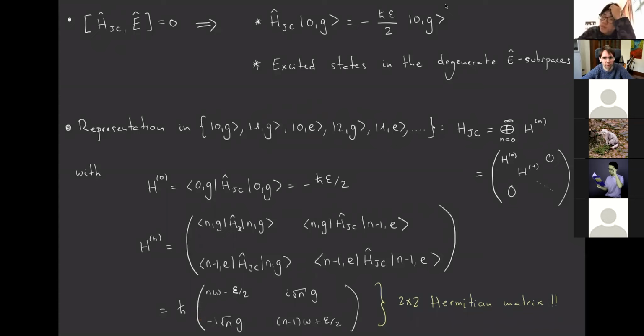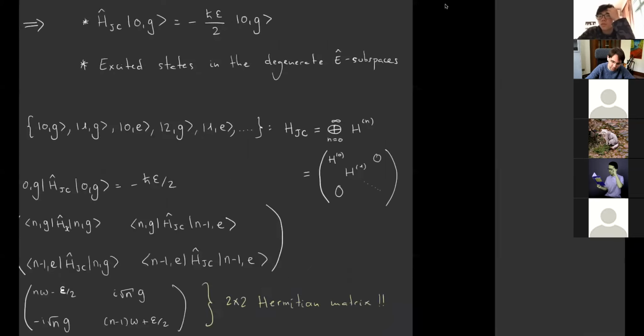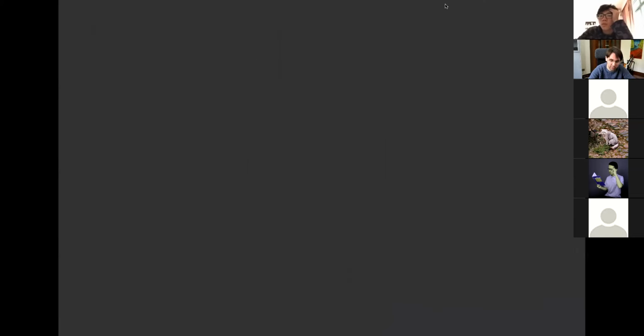In the notes you have, if you haven't read them, go because you have them, how to diagonalize any 2 by 2 Hermitian matrix, okay? But I'm sure that you already know how to do it, but just in case I put it there. And for this specific case, it gives something like this.